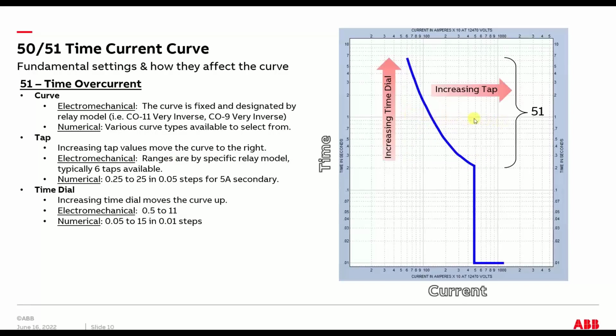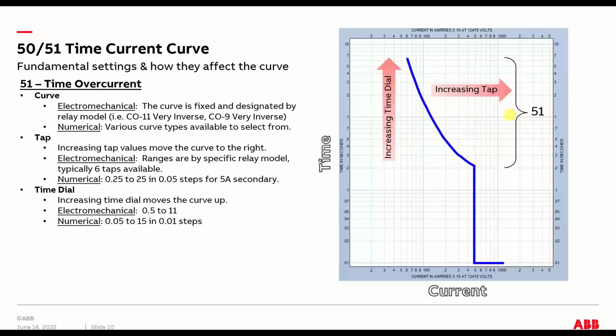Increasing goes to the right. So if you have a tap of 1, it may be somewhere around here. Tap 2, somewhere around here, and so forth as it increases. And then finally, your time dial, which is your time delay and how far this curve is going to move up. So increasing the time dial moves the curve up. Increasing the tap moves it to the right.